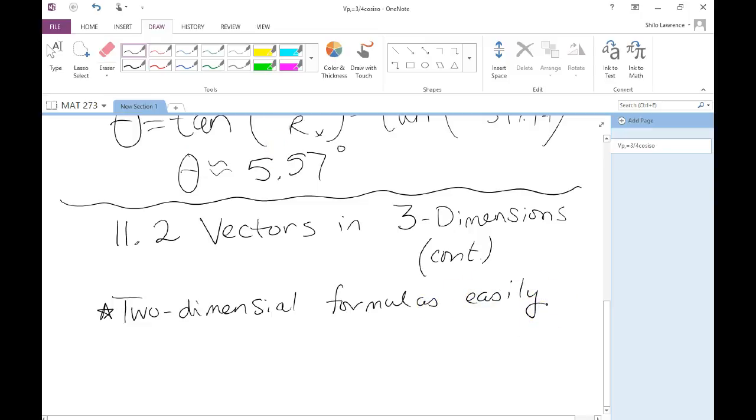We just have to include the third coordinate or the third component and follow the same pattern that we see with the first 2.